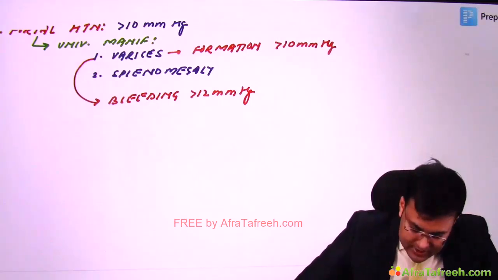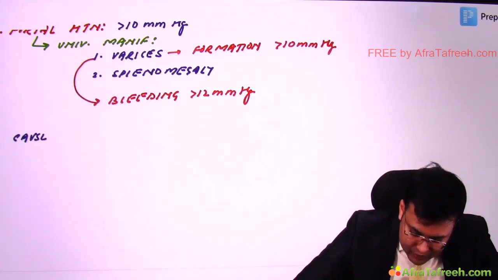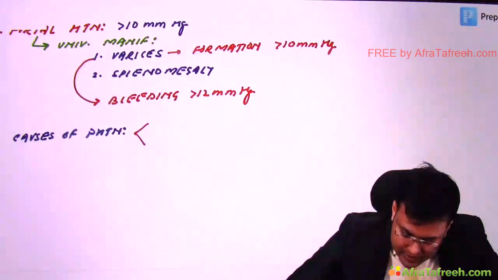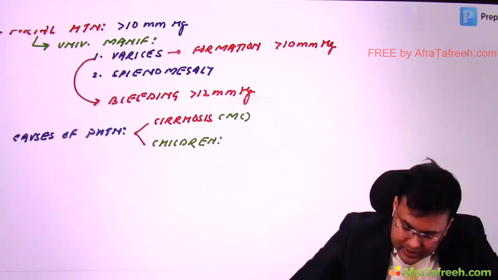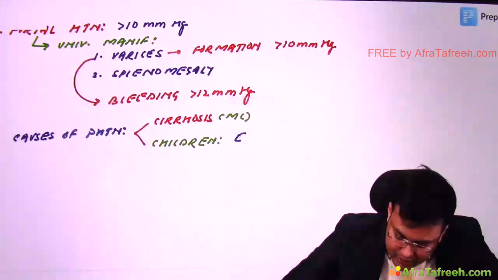So worldwide most common cause is cirrhosis, and in children, it is EHPVO. This question was asked in AIIMS.